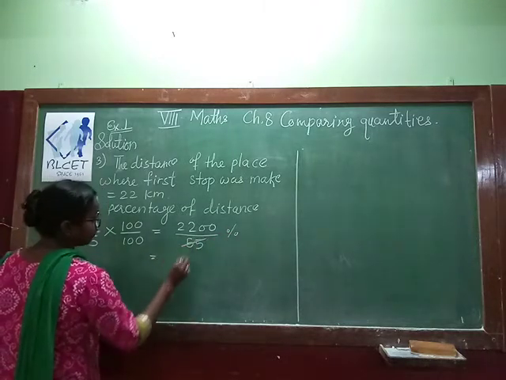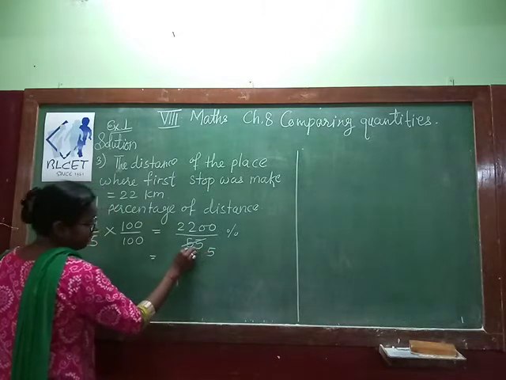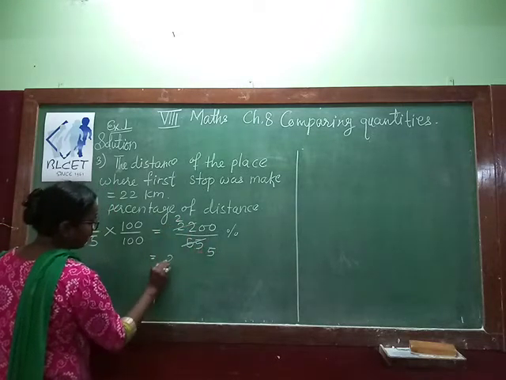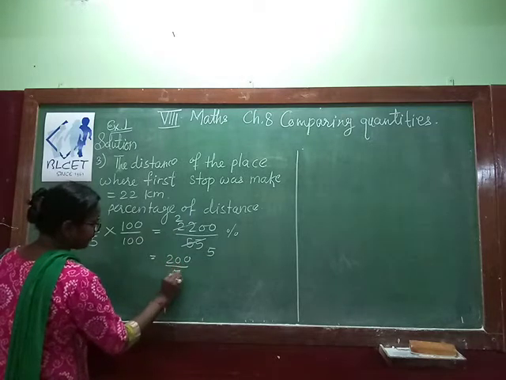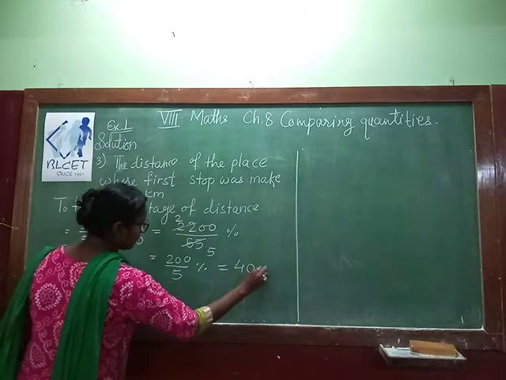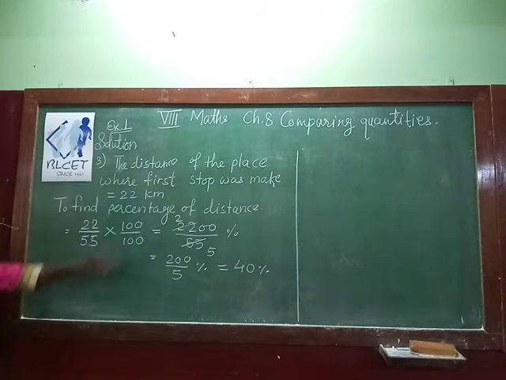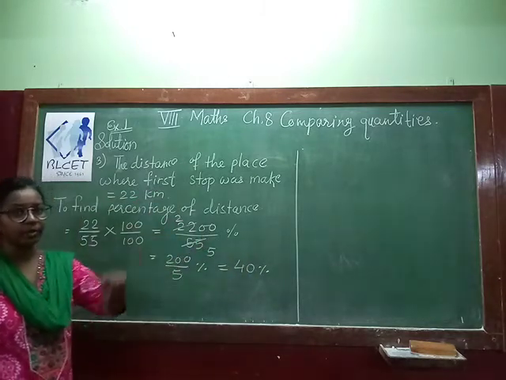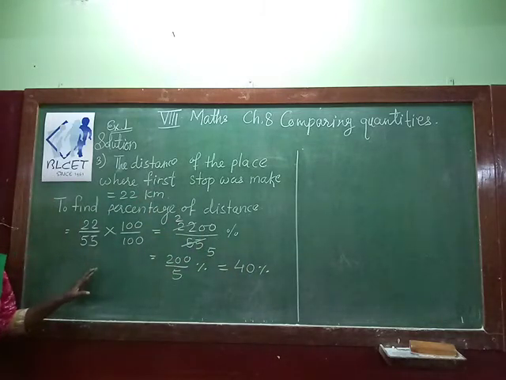We know that 5 11s are 55, 2 11s are 22. So 200 divided by 5 percent, which is equal to 40 percent. So this 22 kilometers represents 40% of the total travel of 55 kilometers.